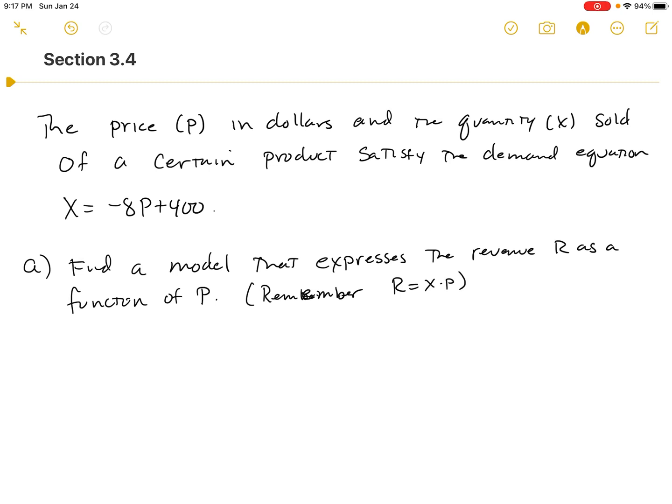So the revenue that a company brings in, or for a particular product, is the number of units they sold at the price that they sold them.